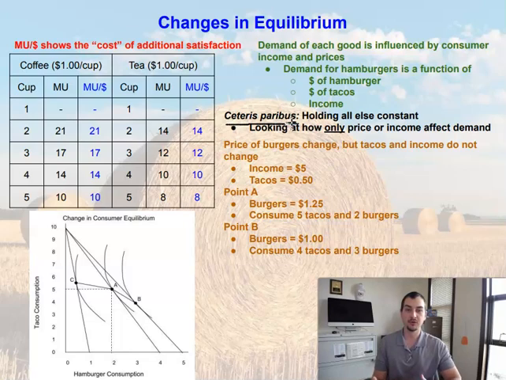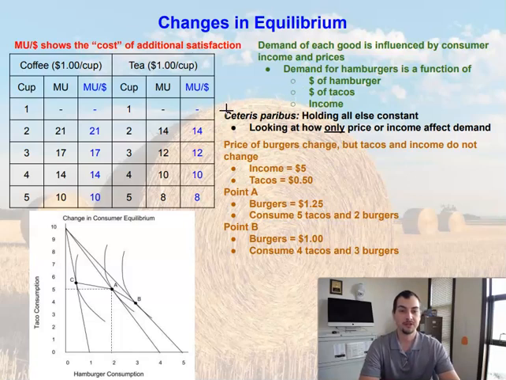When we're evaluating changes in demand, especially how changes in price or changes in income affect demand, we are going to hold all else constant. We are going to basically take the market forces and say nothing else can apply to this. We're looking at just prices or just income.